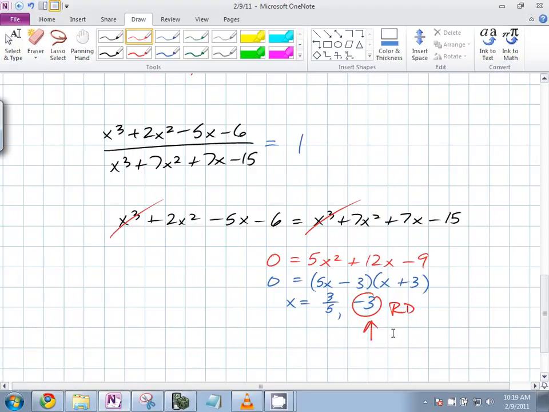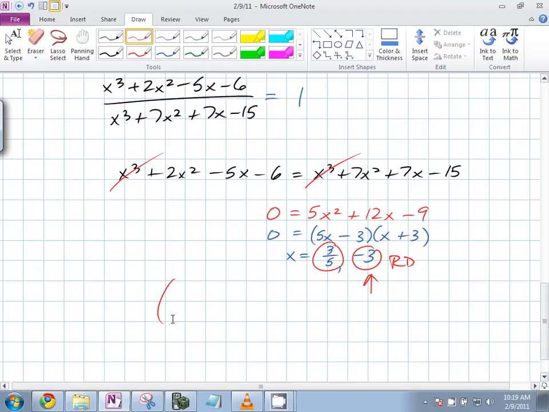No. Is 3/5? Yes. So how would we go about finding the point at which it crosses? It's 3/5, comma, 1, because it's crossing the line y equals 1. So we know it crosses the HA at that point.